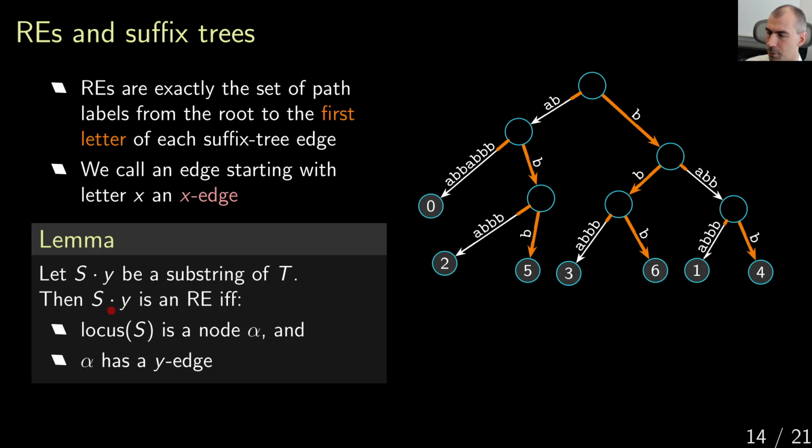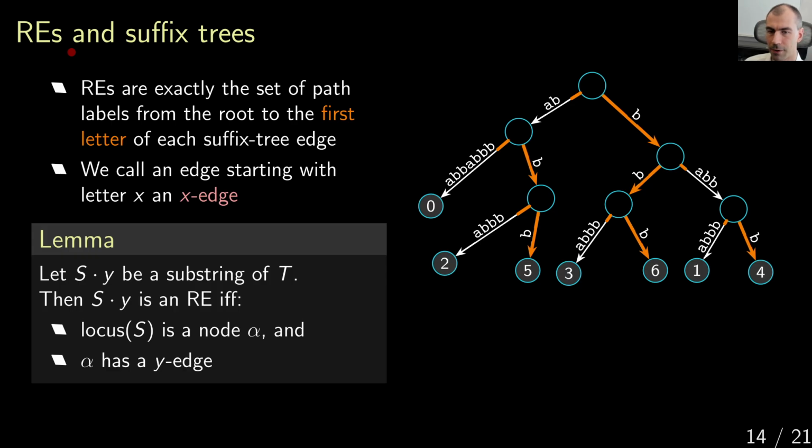Then sy is an RE if and only if the locus of s is a node, let's call it alpha, which has a y edge. You go down B, then read the first letter, which is an A in this case, and BBA is an RE. That's all. So we have a characterization for REs.